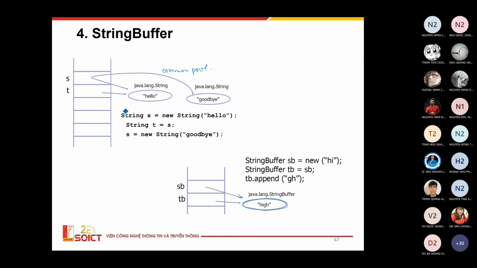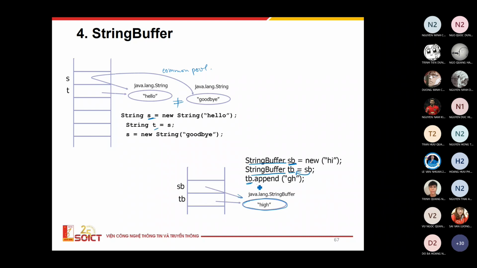Here you have S and T as two strings, so S and T refer to two different regions. But here SB, for example, is a StringBuffer, and ST is again a StringBuffer, and it is assigned to the same region.